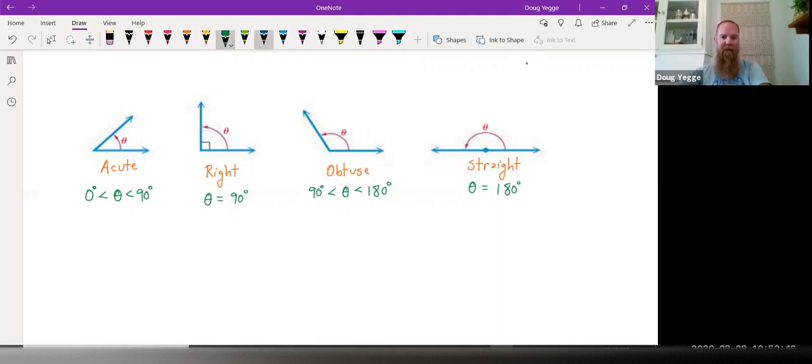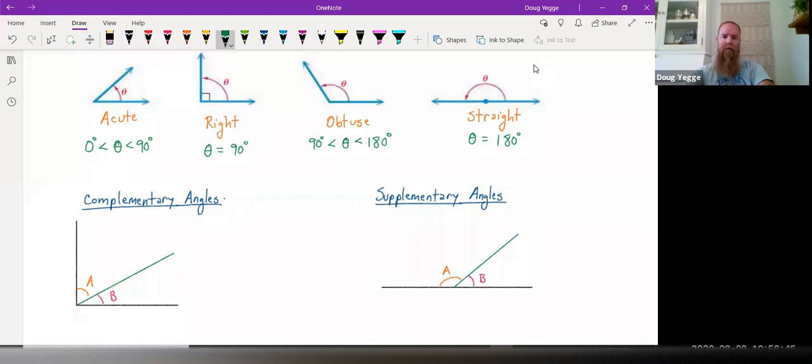So I'd like to now discuss what we mean by complementary and supplementary angles. Okay, now complementary angles and supplementary angles are any angles that add up to 90 degrees for complementary or 180 degrees for supplementary. So if two angles add up to 90 degrees, then those two angles, A and B, and let me be more precise with my notation here.